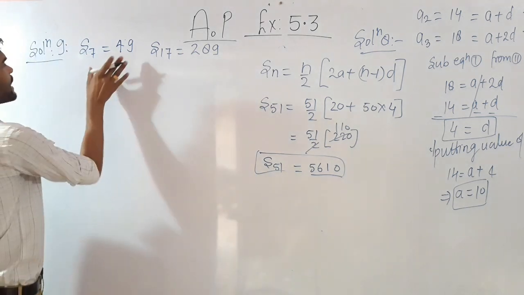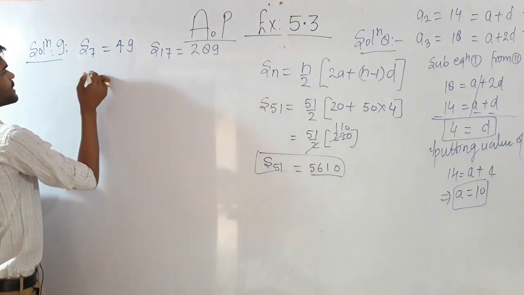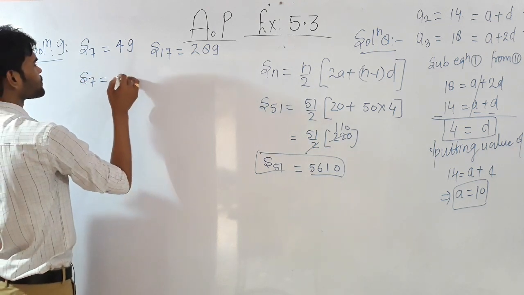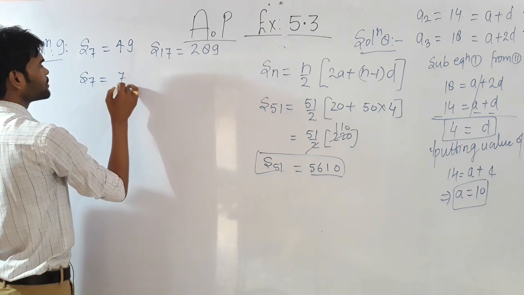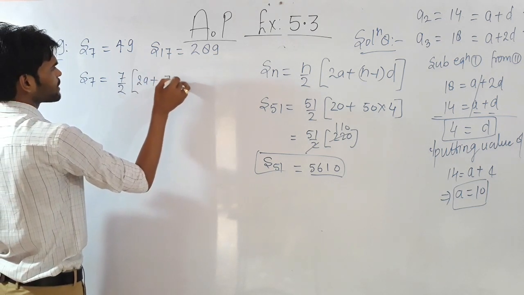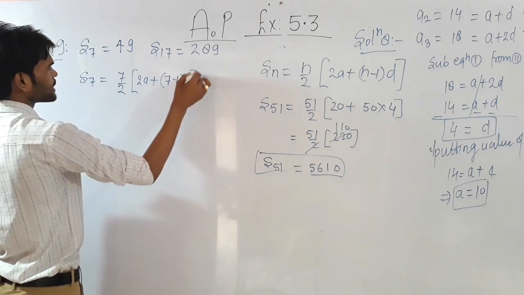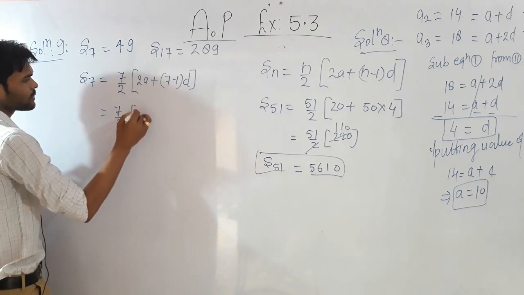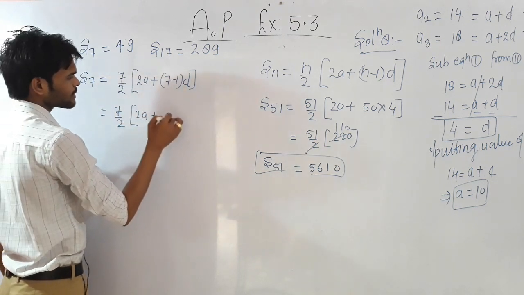Okay, now we need to find the sum of first n terms. Okay, so you may write here, S7 is equals to 7 by 2 into 2a plus 7 minus 1 into d. Is that clear? So it will become what? 7 by 2 into 2a plus 6d.